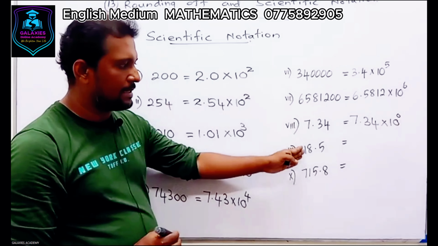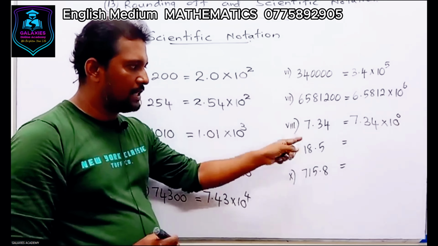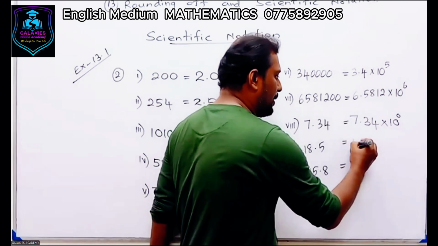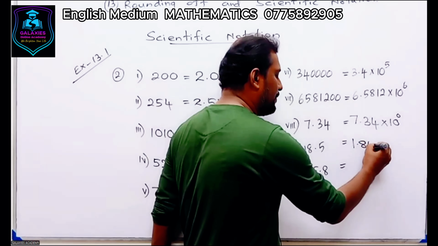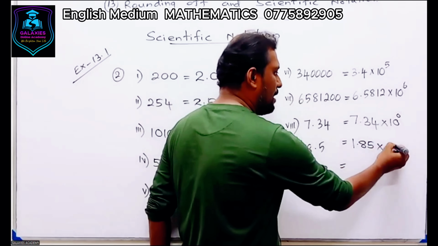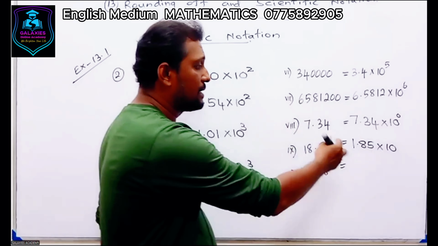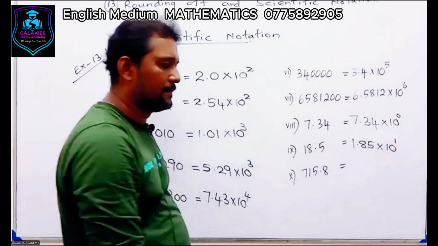Right? Next number given, 18.5. We have to keep the decimal point after 1. 1.85 multiply 10 to the power. How many places do we have to move to get the initial number? 1 place, no? Positive direction, 1 place. So 10 to the power 1.